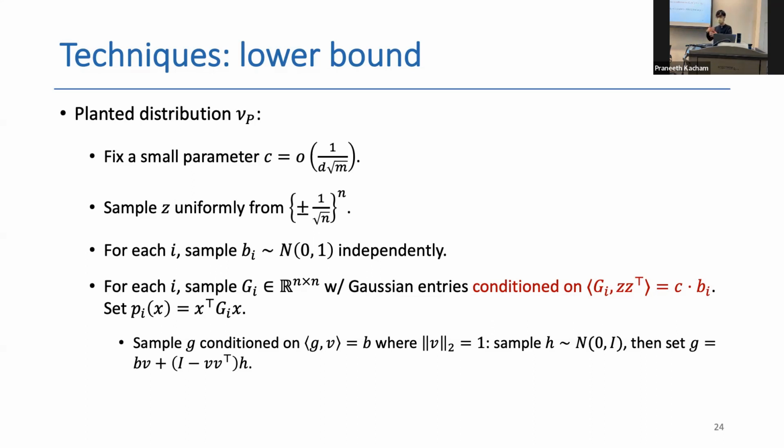Given an input, if the function exceeds some threshold, then we output planted. Otherwise, we output null. We want to show that any low degree polynomial cannot distinguish these two. Any other questions? Everything clear?